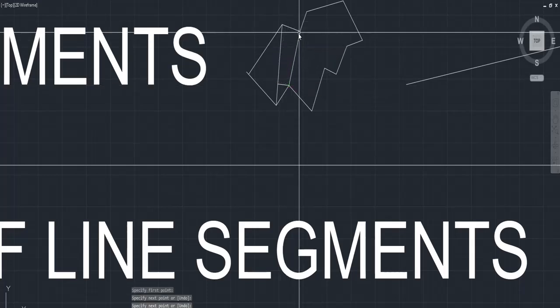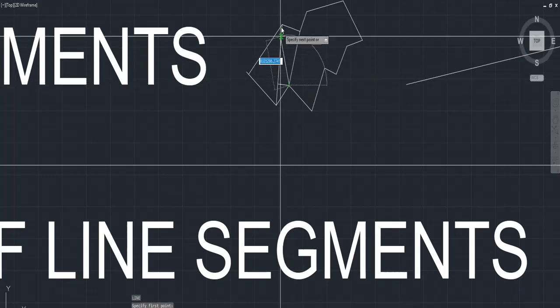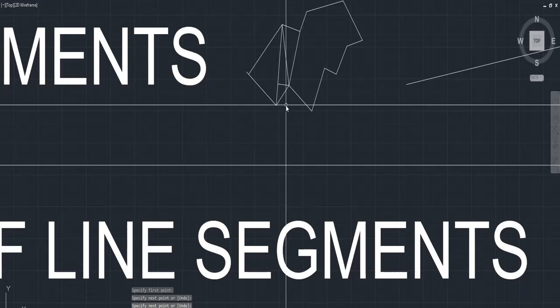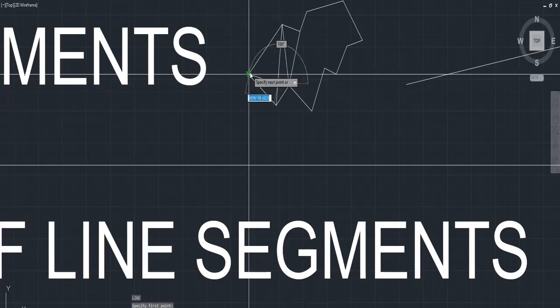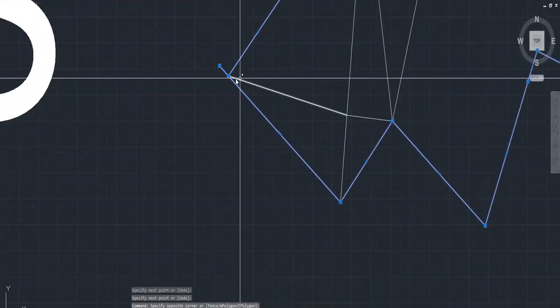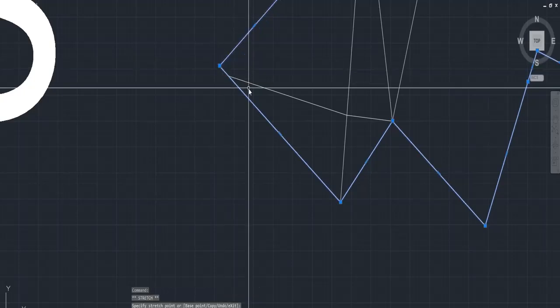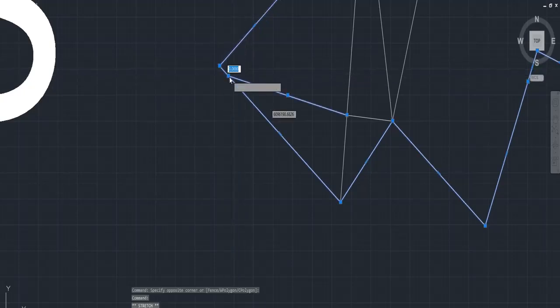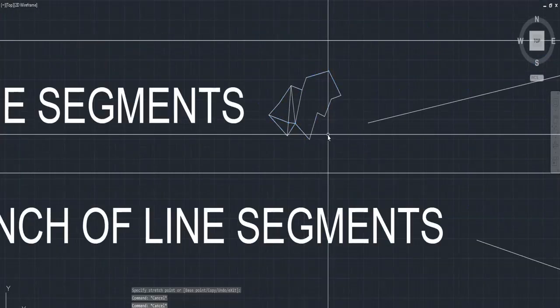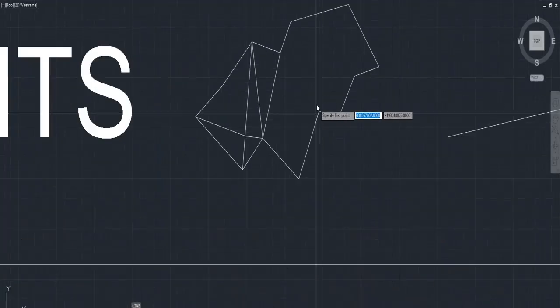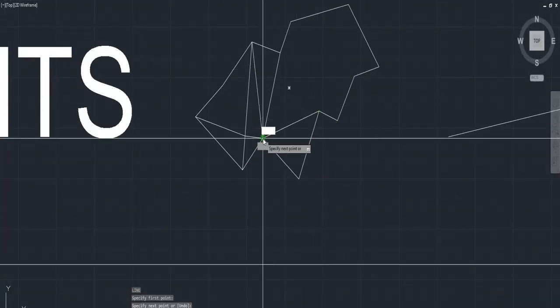And suppose the numerator bunch of line segments is like this, and the denominator is also a bunch of line segments, that is the ball subject.